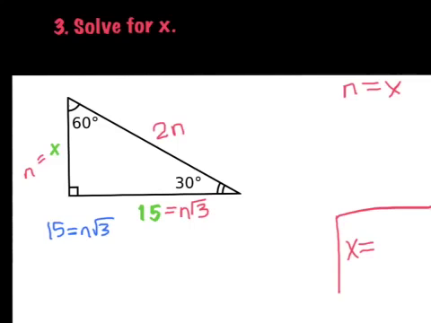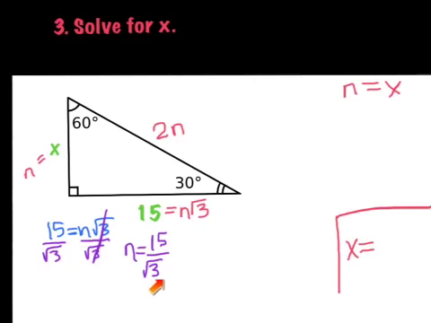So when we solve an equation like this, we need to get n by itself. So we divide both sides by the square root of 3. Okay, so I get that n equals 15 over the square root of 3. Well, we haven't talked about this yet. We're going to talk about this more in class, but we're not allowed to have a square root in the denominator.